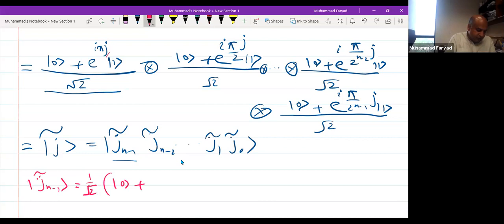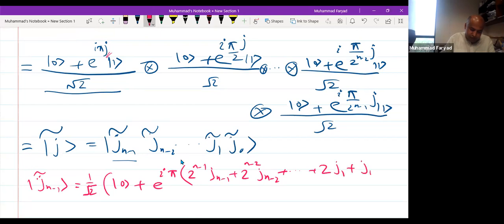Now let me write the expression for j. This is exponential iota pi, and j is nothing but 2 power n minus 1 jn minus 1 plus 2 power n minus 2 jn minus 2, all the way to j1 plus j naught into 1.